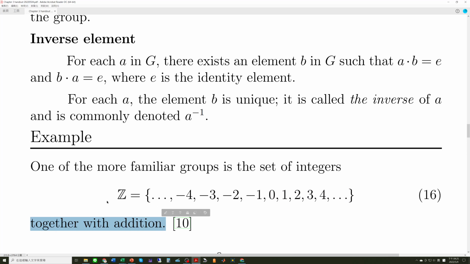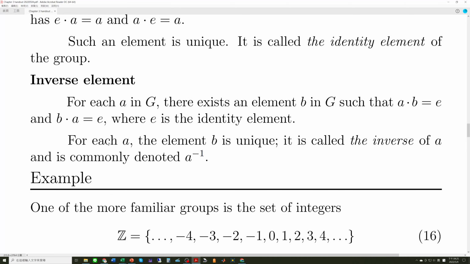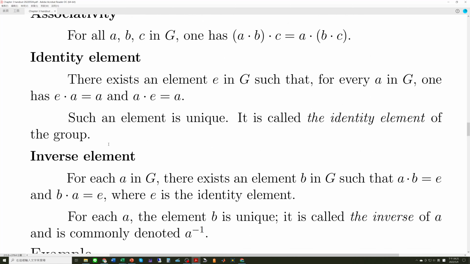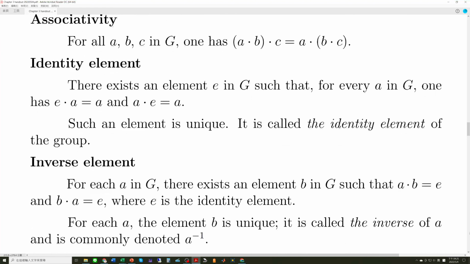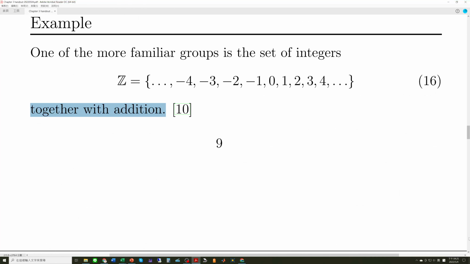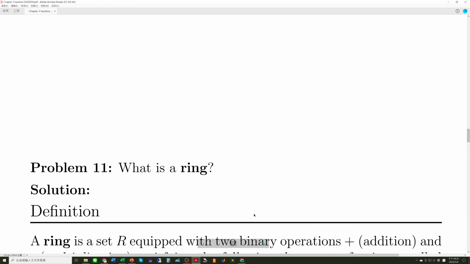You can check that the integers with addition satisfy the above three group axioms.